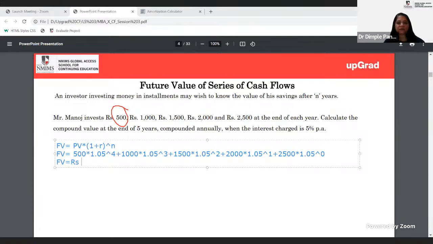Ganesh says 8,019 rupees. Just check if you agree with him.